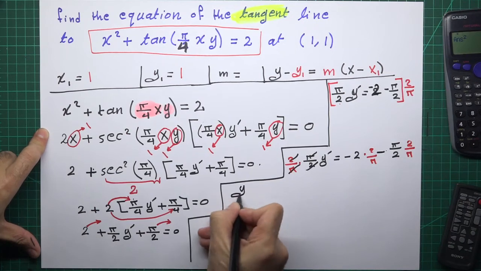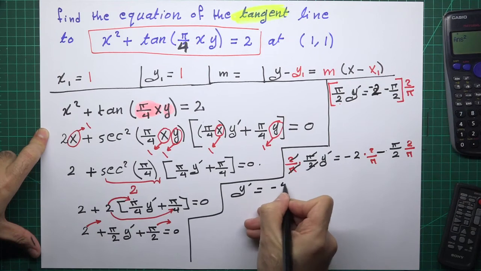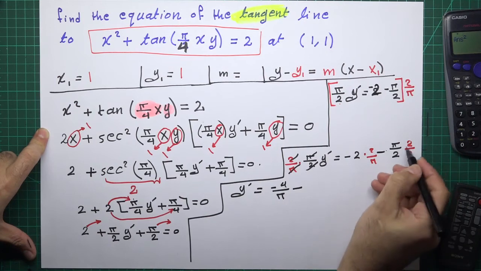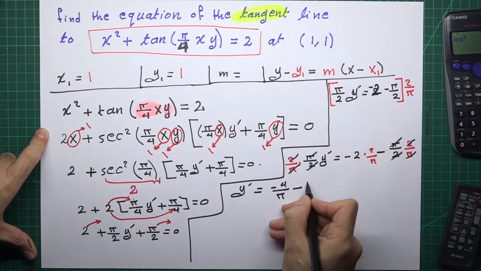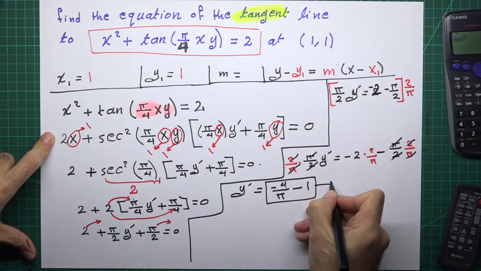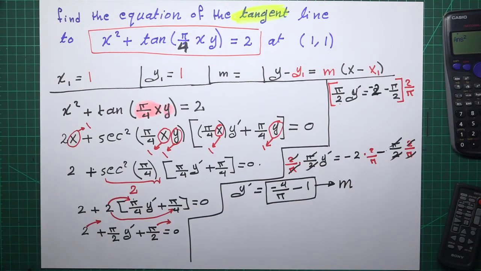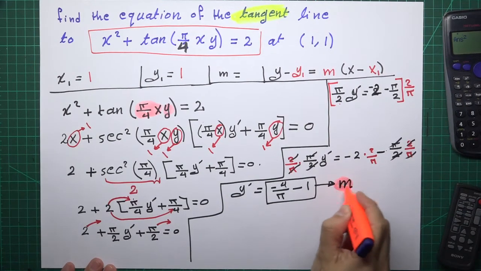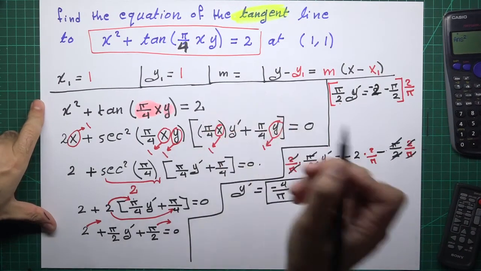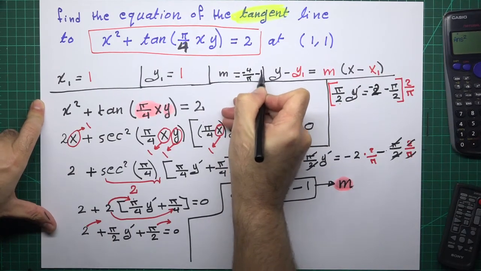I have only y prime equals minus 2 times 2 minus 4 over pi minus this with this with this. It will be minus 1. So what we have here, the slope m. Then I can fill it here, minus 4 over pi minus 1.